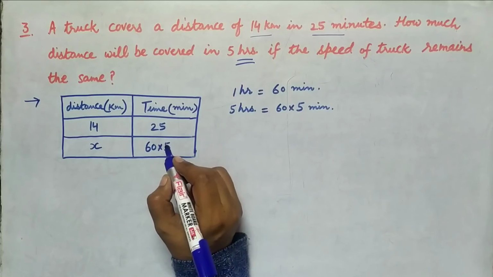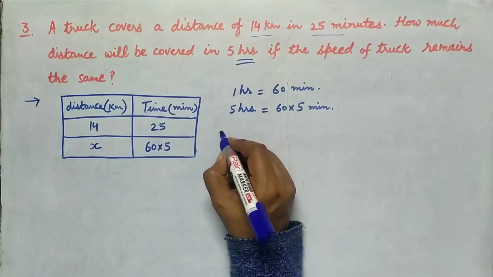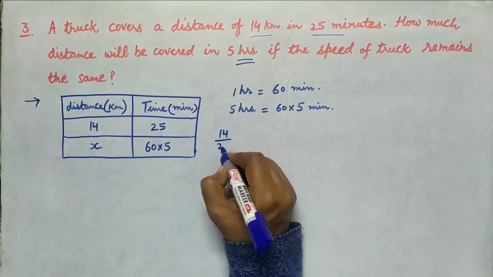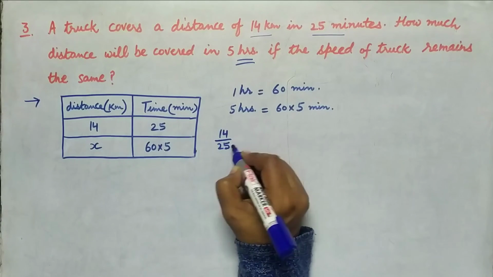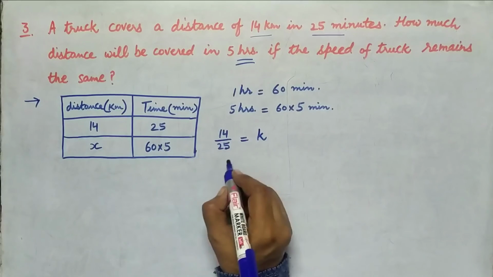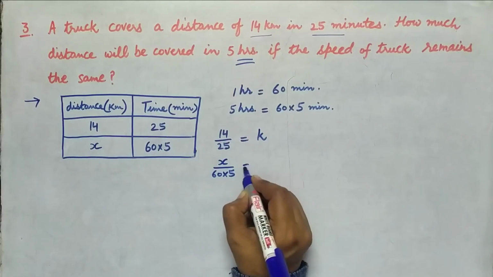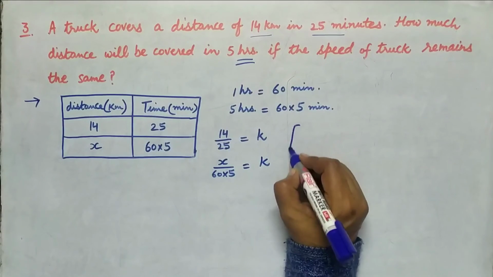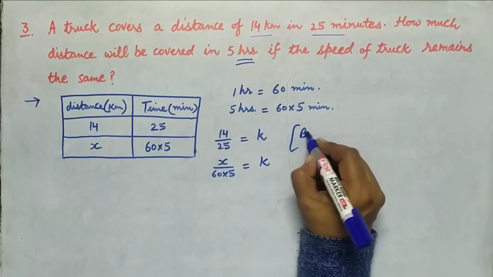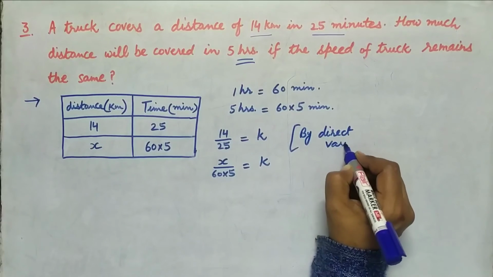Now writing the formula for direct variation, we have 14 divided by 25 is equal to k. Second row, x divided by 60 into 5 again equal to k. Mention the reason: direct variation.